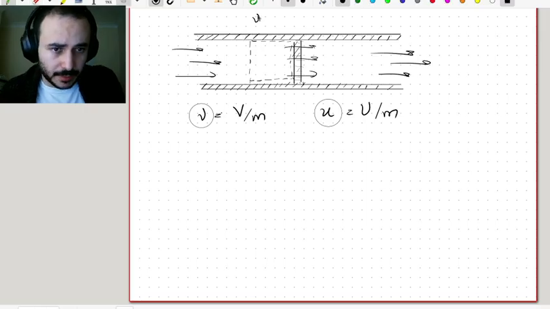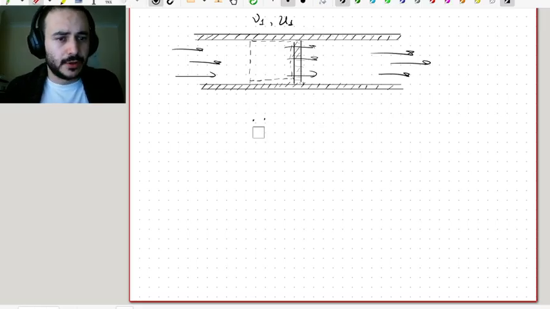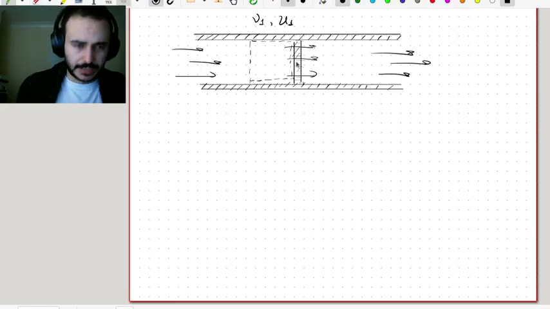So we have specific volume V1 and specific internal energy U1. And we are going to follow this parcel of gas as it moves through the obstacle and emerges on the other side, on the right hand side.